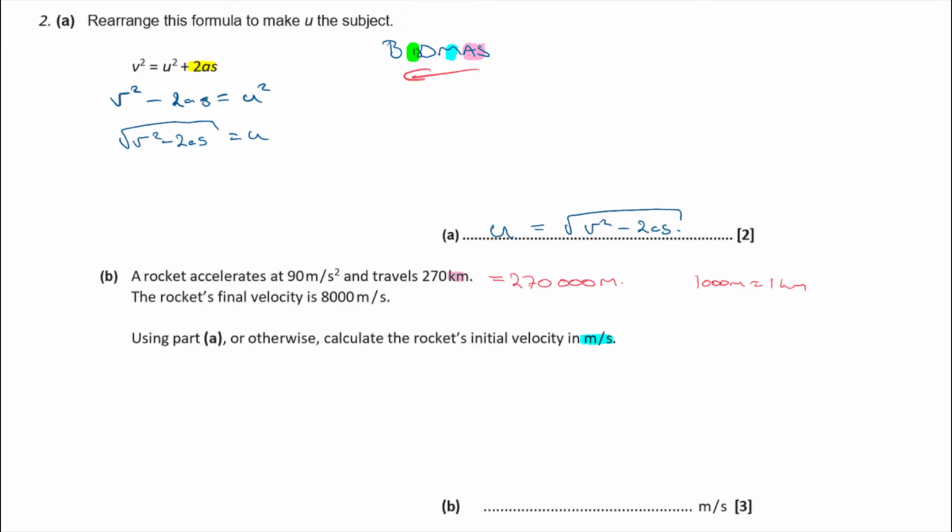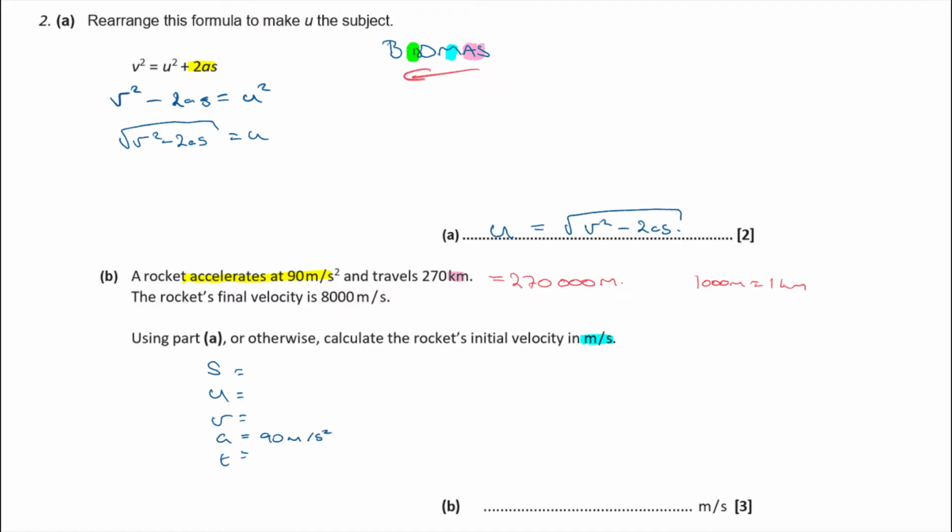Okay. So I've got my SUVAT formulas. Which ones do I know? I know acceleration, 90 meters per second. So A is 90 meters per second. What else have I got?